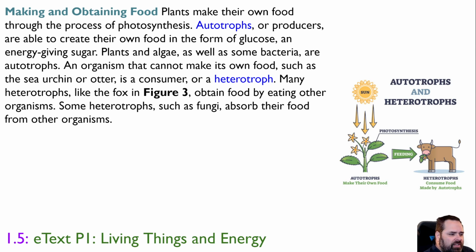Many heterotrophs, like the fox in figure 3, we'll look at that in a minute, obtain their food by eating other organisms. Okay? Some heterotrophs, such as fungi, absorb their food from other organisms. Okay? So the sun comes down and it feeds directly into plants and autotrophs.